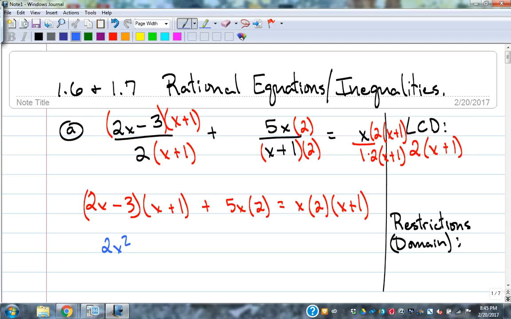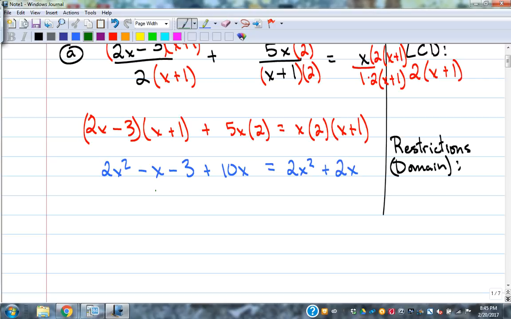That'd be 2x squared plus 2x minus 3x would be minus 1x minus 3 plus 10x is equal to 2x squared plus 2x. Then we simplify as much as we can. The left side, I got 2x squared minus x and plus 10x would be plus 9x minus 3. And on this side, we've got the 2x squared plus 2x.